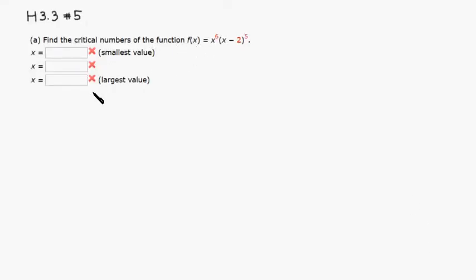First we have to take the derivative. So f prime of x is equal to, we're going to use the product rule. Here's the first guy, here's the second guy.